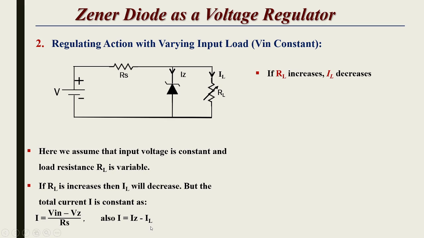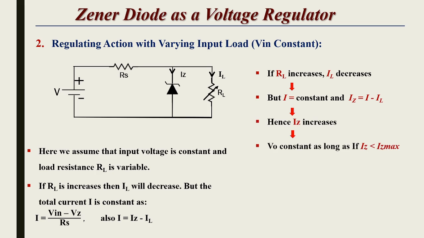So if RL increases, IL decreases. If we increase the resistance of this load, then the current flowing through this resistor will decrease. But I is constant, and Iz is given as I minus IL. So Iz will increase.